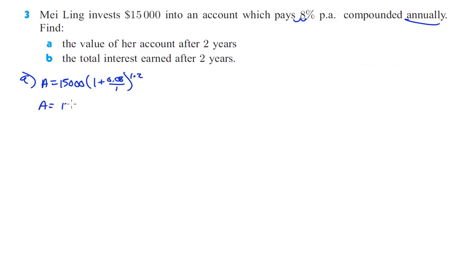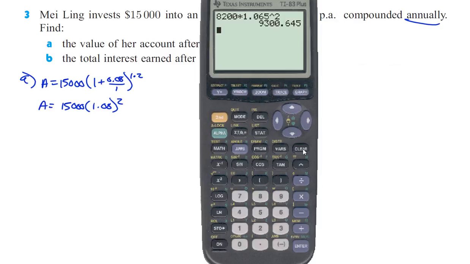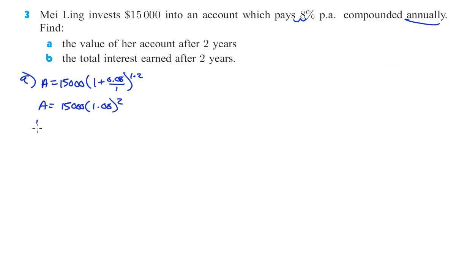So in our calculator, we'll put in 15,000 times 1.08 to the second power. All right, 15,000 times 1.08 to the second power gives us 17,496.